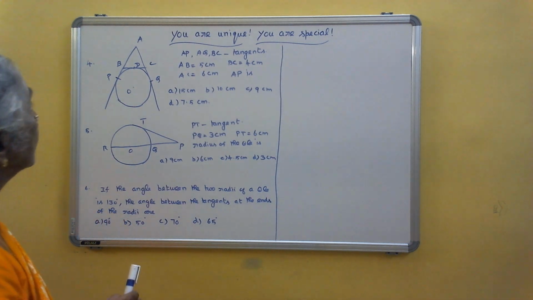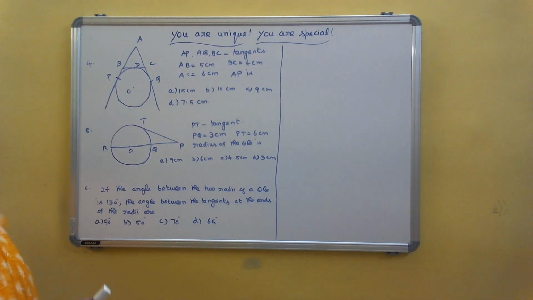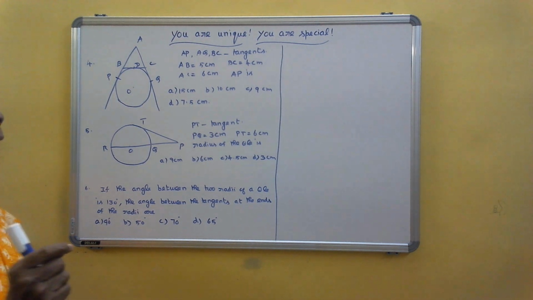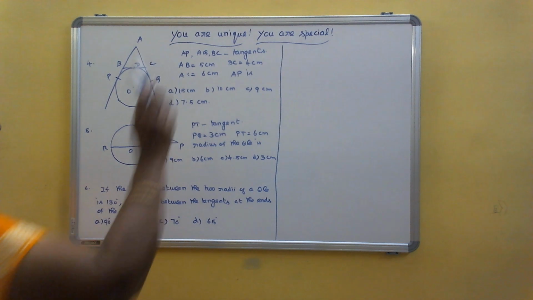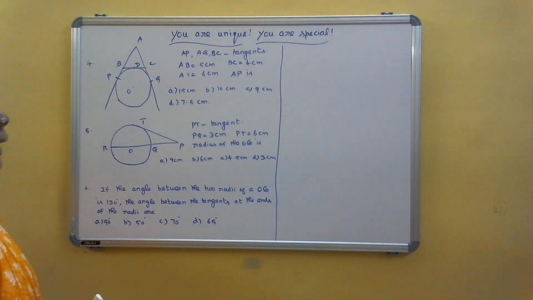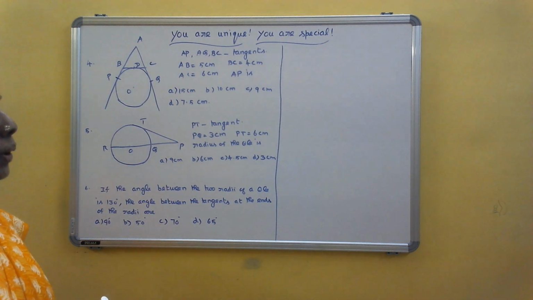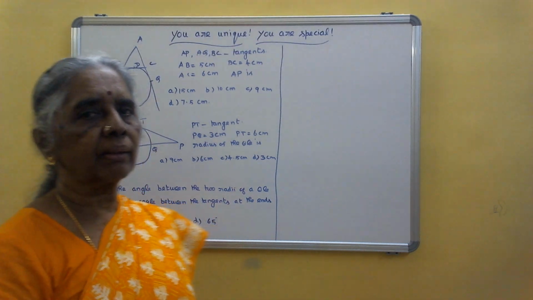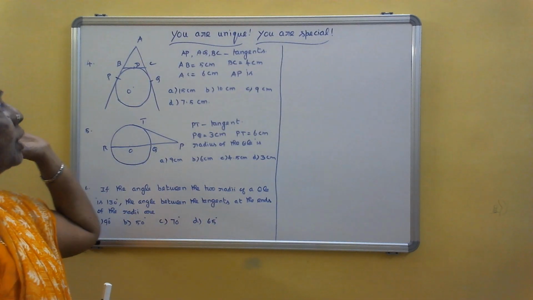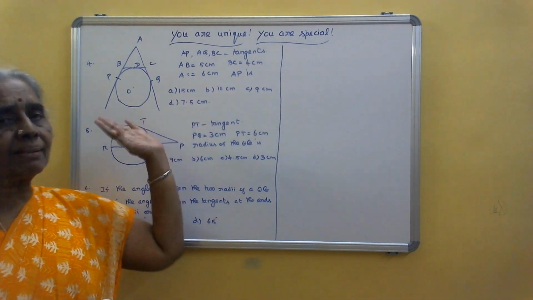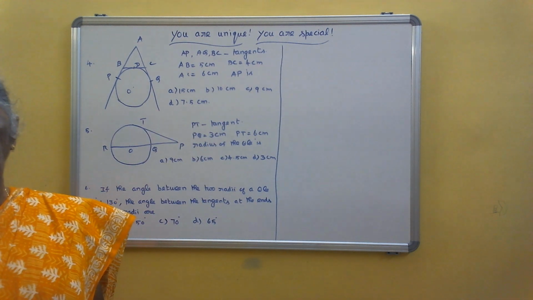Fourth sum. This figure is given. AP, AQ, BC are tangents to the circle. AB is given to be 5 centimeter, BC 4 centimeter, AC 6 centimeter, AP is, 4 options are given.